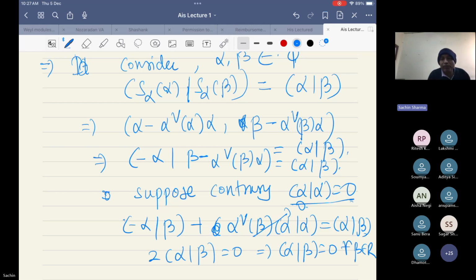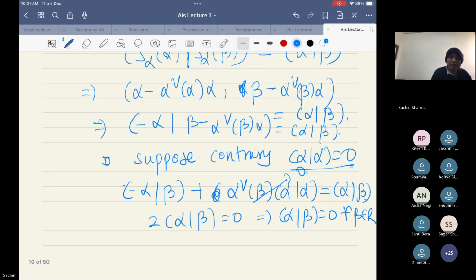Can one complete the proof now? So we have taken beta belongs to phi, sorry, not R. So how to complete the proof now?